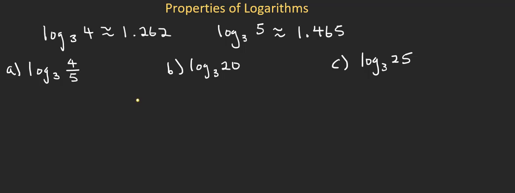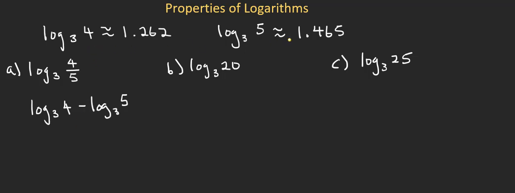Using three properties of logarithms, we're going to evaluate these three logs. Let's look at part A. You got log base 3 of 4 over 5. So what is that? Using the quotient property, we could rewrite this as log base 3 of 4 minus log base 3 of 5.